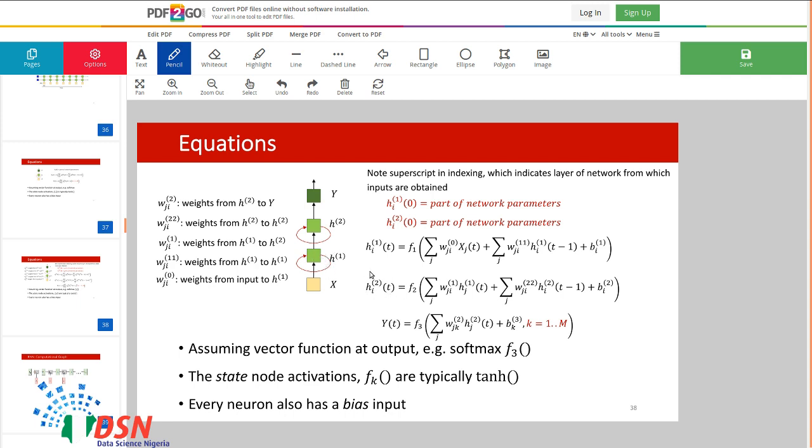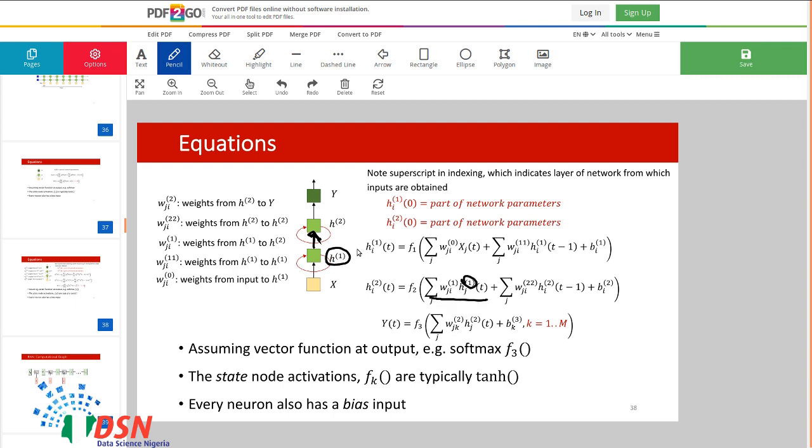And the next hidden state is determined with the current hidden state of the previous layer, which is this term.